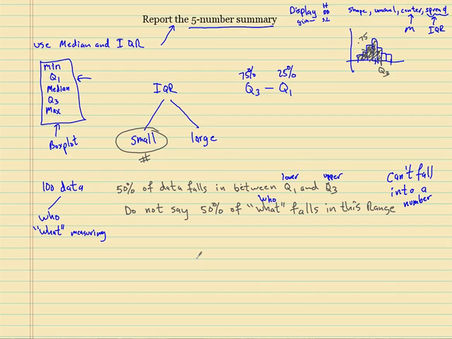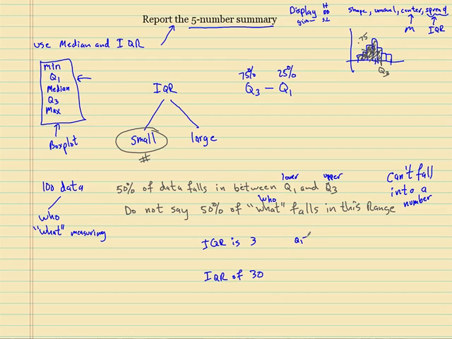And we want a small one because let's think about it. Let's just say the IQR is 3, and let's do an IQR of 30. If I was dealing with scores, the IQR was 3.